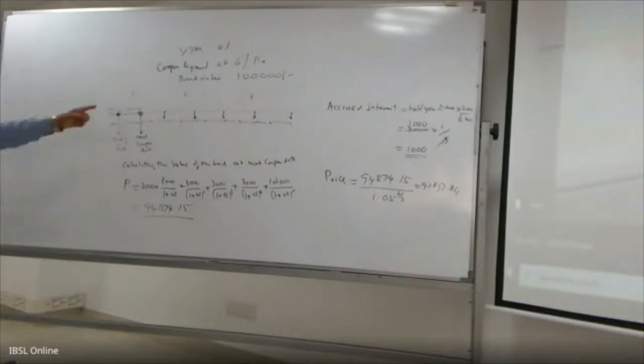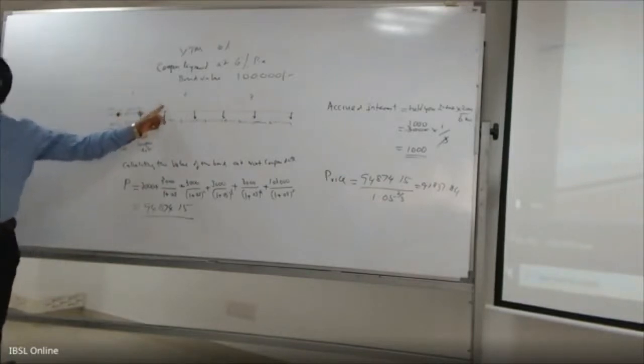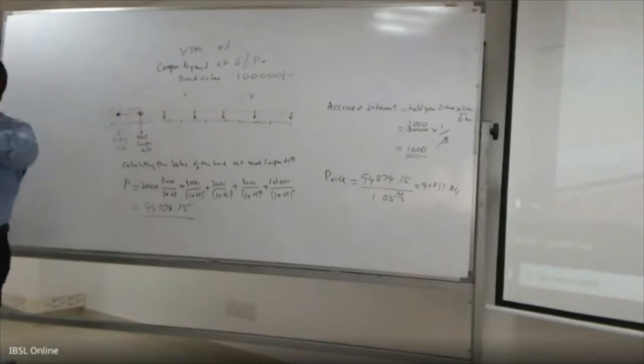Now, if you go to the next one, how can it be present valued? 3,000 divided by, tell me, 1.05 to the power what? To the power 1 plus 2 over 3. What do you mean by 1 plus 2 over 3? That is 5 over 3. So that way we can do it.